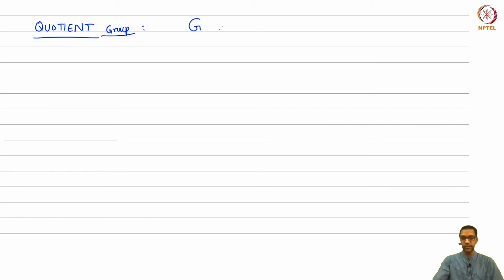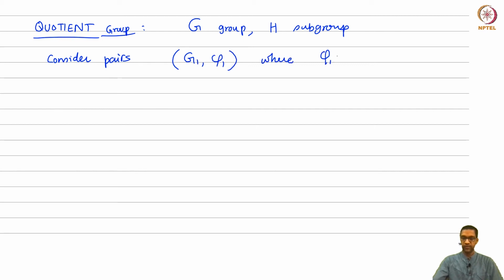So if G is a group and I fix H, a subgroup, what I'm interested in is the category whose objects are going to be pairs (G1, phi 1), where phi 1 is a map from G to G1 such that the kernel of this map contains the fixed subgroup H.